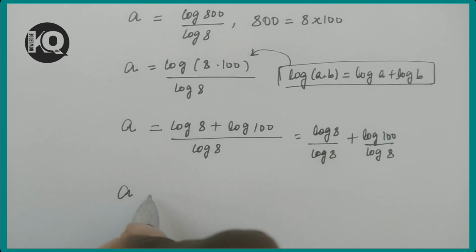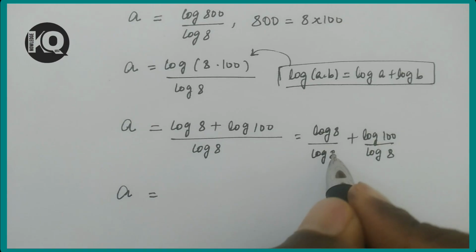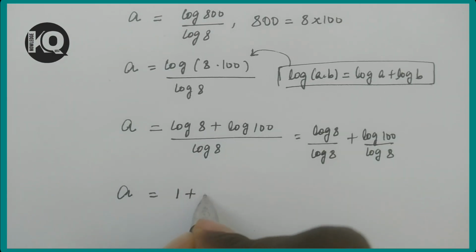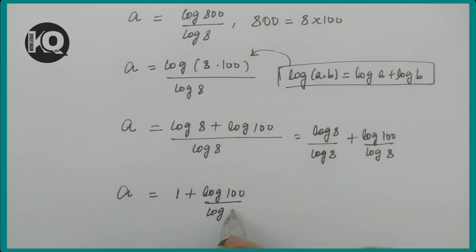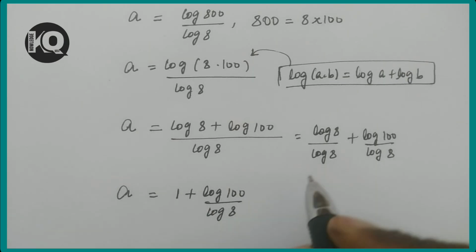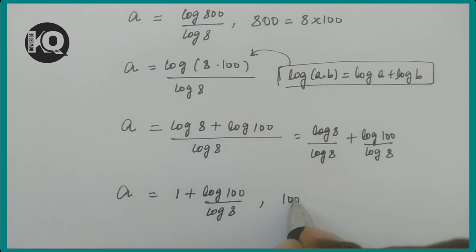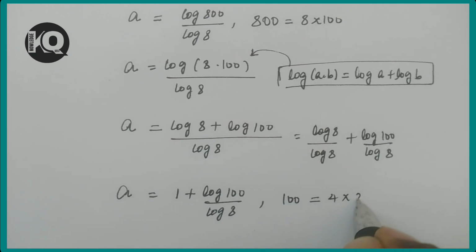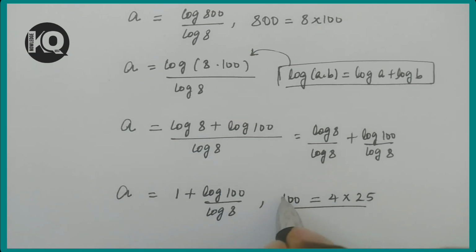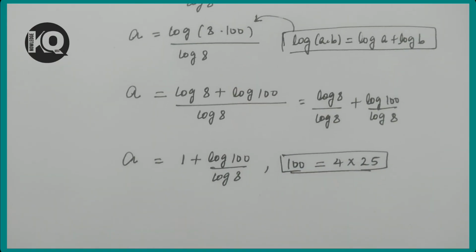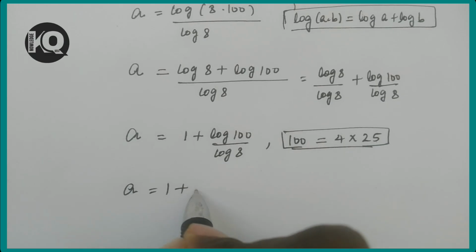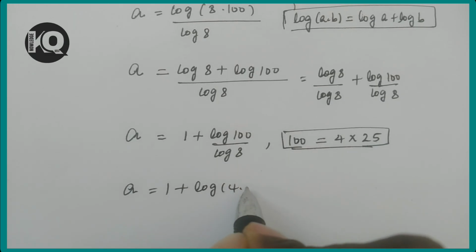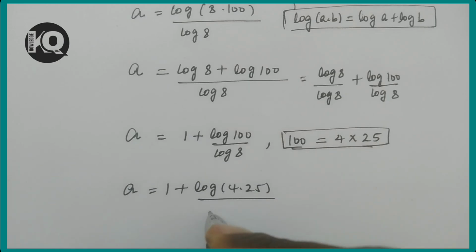So a will be log 8 divided by log 8, which is 1, plus log of 100 divided by log of 8. And again, we can express 100 as a product of 4 and 25. So a is equal to 1 plus log of 4 times 25 divided by log of 8.